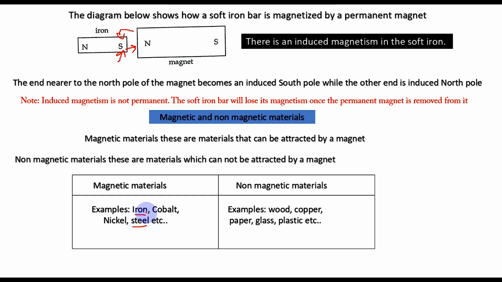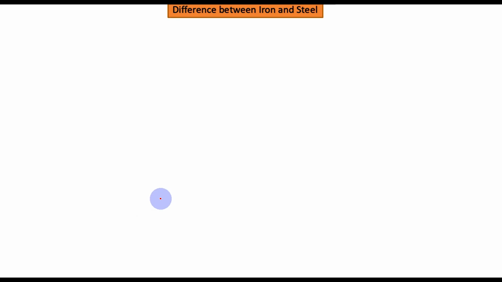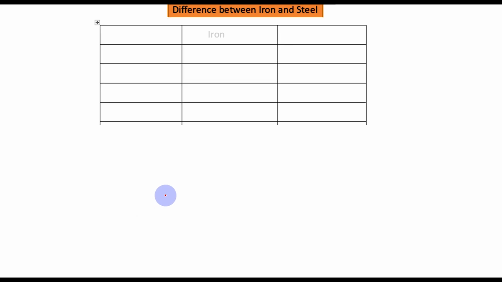So before we go into detail, let us look at their differences first of all. All right. So the difference between iron and steel, we'll look at 4 properties actually, in terms of magnetization, in terms of demagnetization, and also the application, as well as the example of that application.